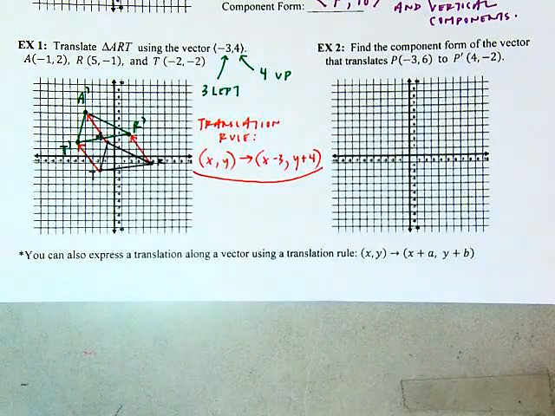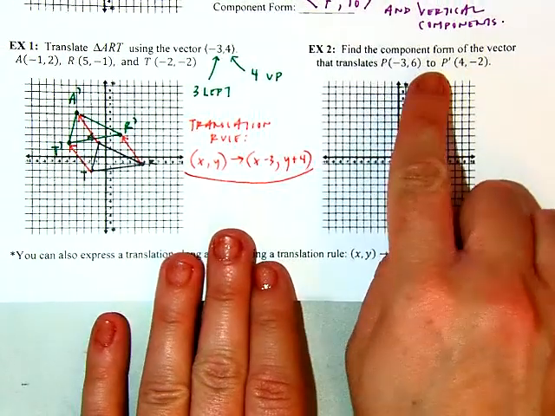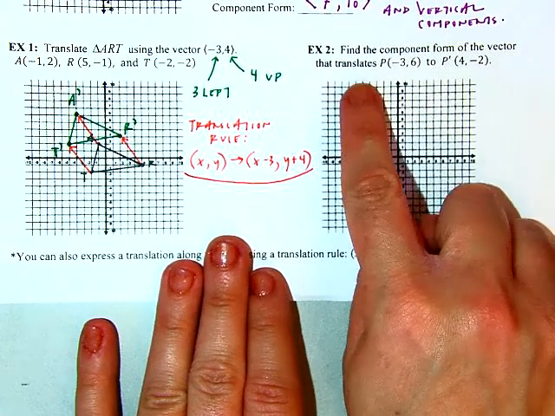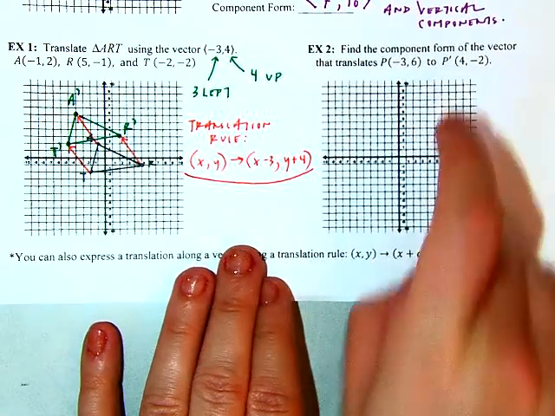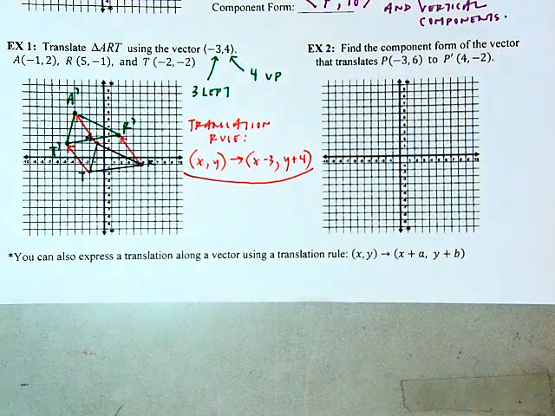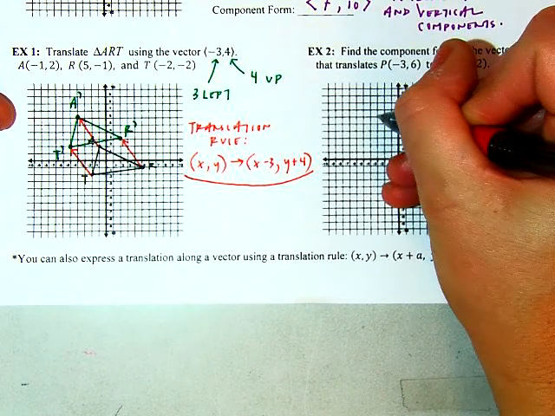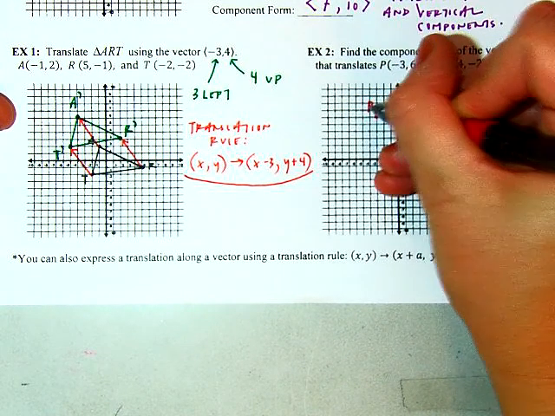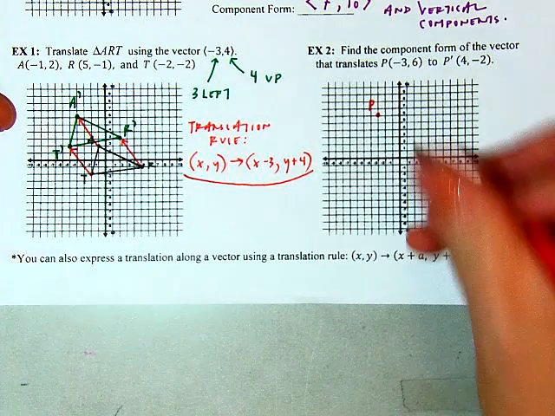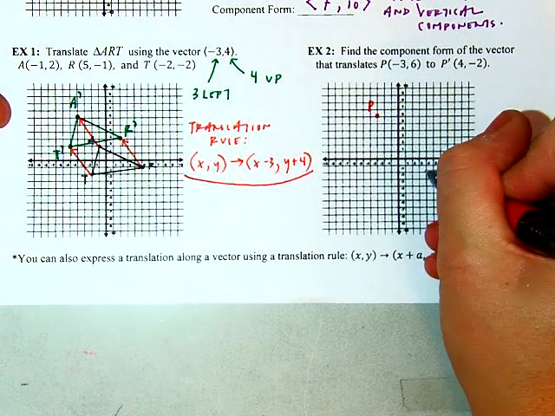All right, lastly, find the component form of the vector that translates P to P prime. So let's plot those 2 points. P is at (-3, 6). And P prime is at (4, -2). So right there.